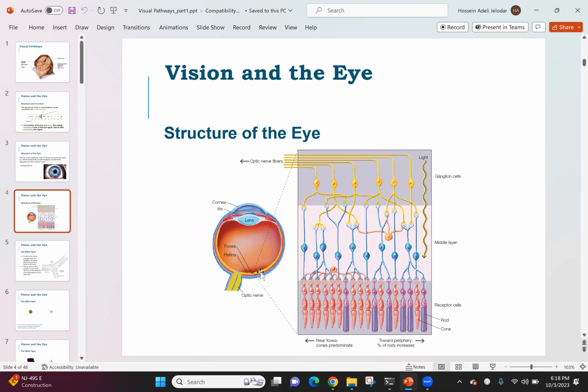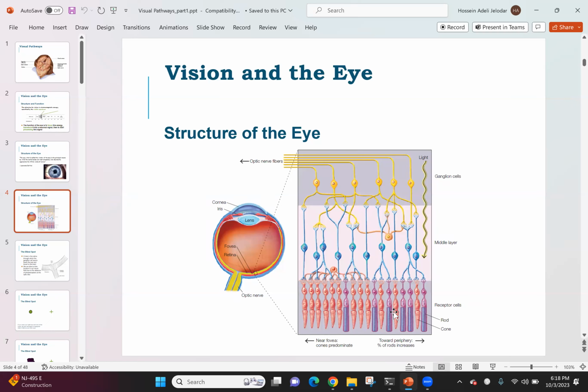Now, if we take this very tiny rectangle that you see here and blow it up, you get a figure like this. If you blow that up, you can see that the photoreceptors are really at the bottom.